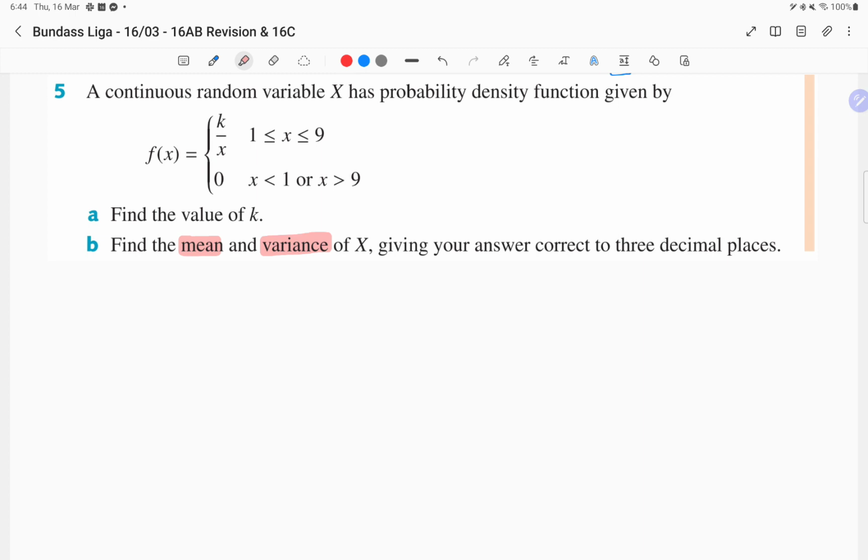Okay, so the value of k must be an exact number. This one. And then question B is a calculator. Alright, so try question 5. If you get an exact number for k and then use a calculator for B, because you need 3 decimal places.